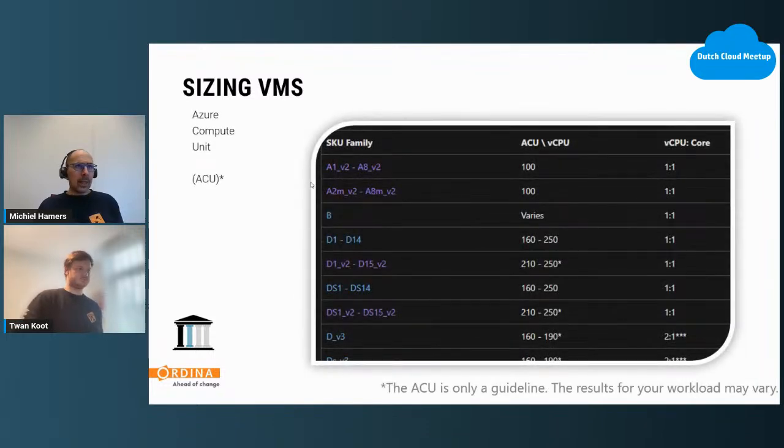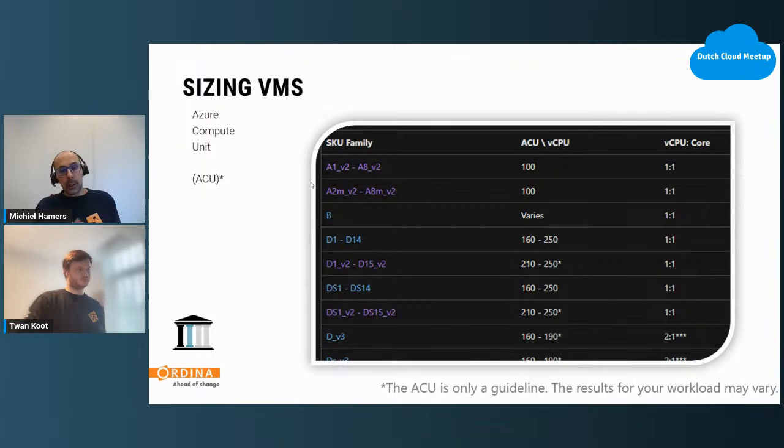With compute units, you can easily see, when you compare one server in one SKU family to another, or from one data center to another data center, that the ACU is the same in every data center.